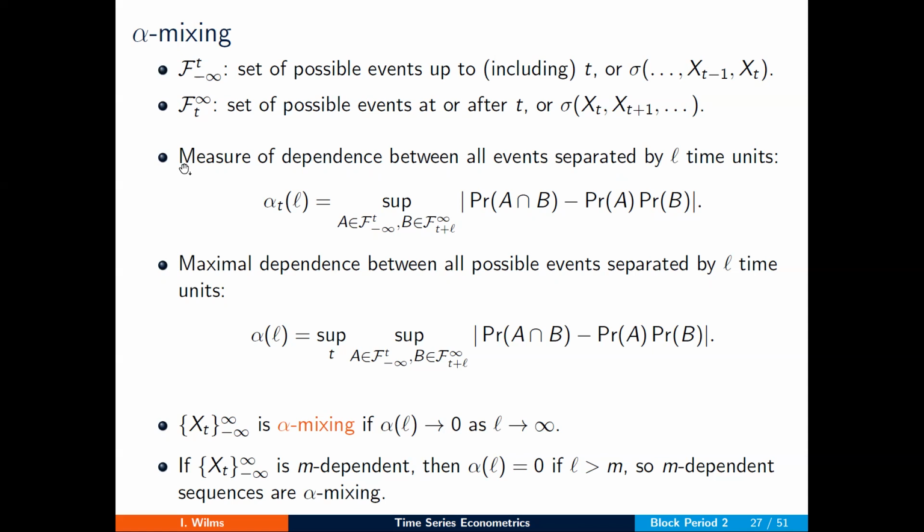Now, an intuitive measure of dependence between all events that are separated by, let's say, L time units can be given by this formulation, where we also see the same difference of probabilities popping up between our two events, namely the event A that belongs to this first set and the event B that belongs to the second set, whose starting point is L periods after the ending point of the last one over here.